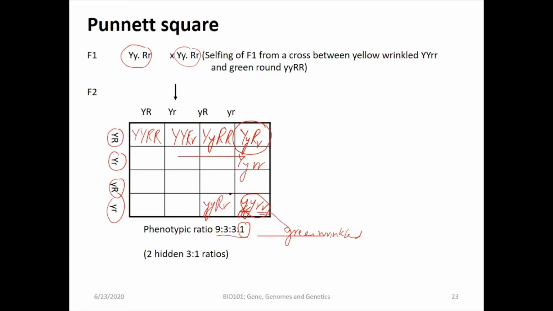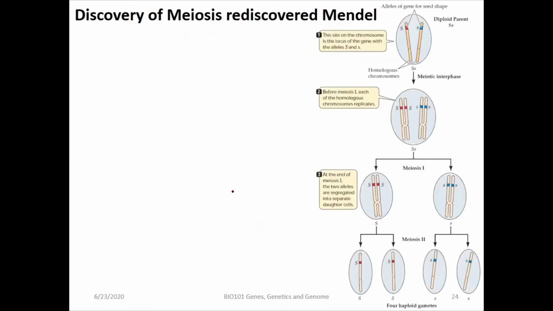Green round. Very good. So you all have gotten the concept. And what will be the phenotype of this one? Yellow wrinkled. Very good. You made me happy.